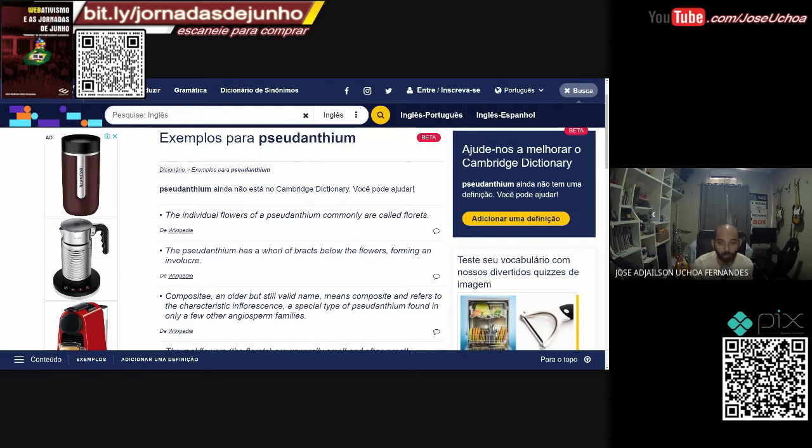It's a group of very small flowers, a pseudantium. What is my interest here? Showing you this A. The pseudantium has a row of bracts below the flowers, forming an involucre. Anyway, we have an A.